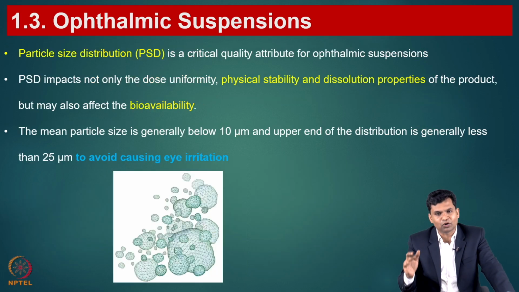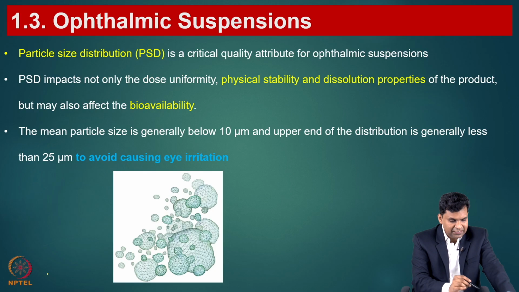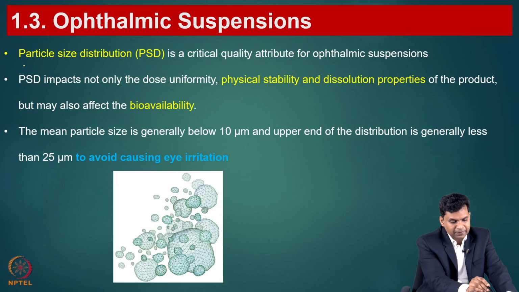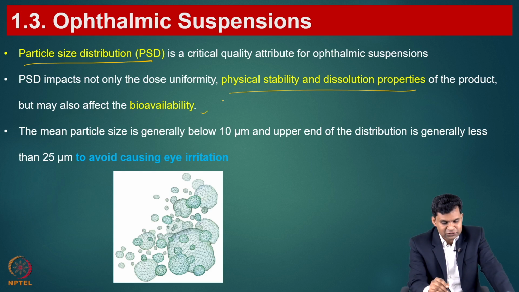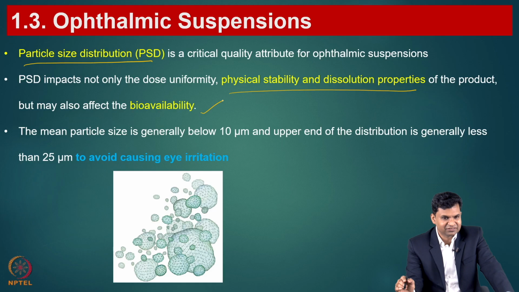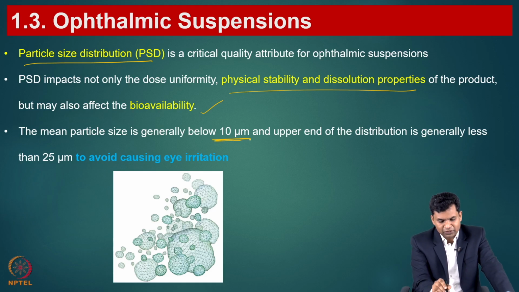Now, the critical point in the suspension is that the particle size distribution is very important, because that is going to play a major role in the stability as well as the dissolution properties of the product, which may affect the bioavailability as well. This we have already discussed. The particle size should be below 10 micrometer.